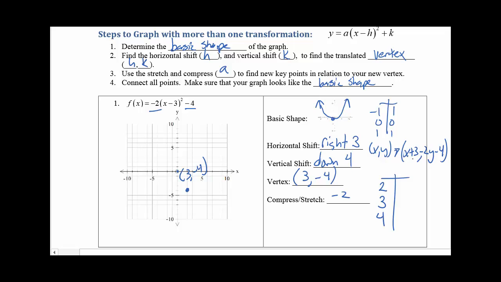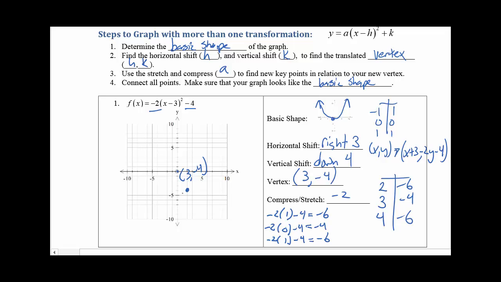And corresponding to the y's, I want -2 times 1 minus 4, which is -6. Then -2 times 0 minus 4, which is -4. We already plotted that. And then -2 times 1 minus 4, which is again -6.